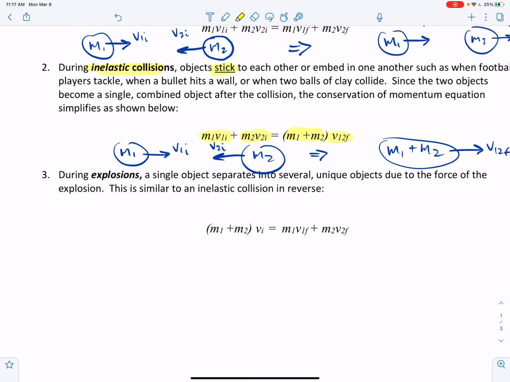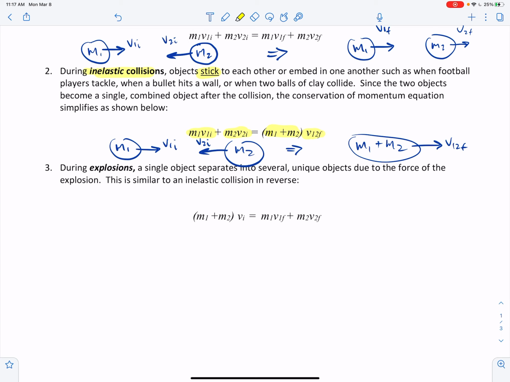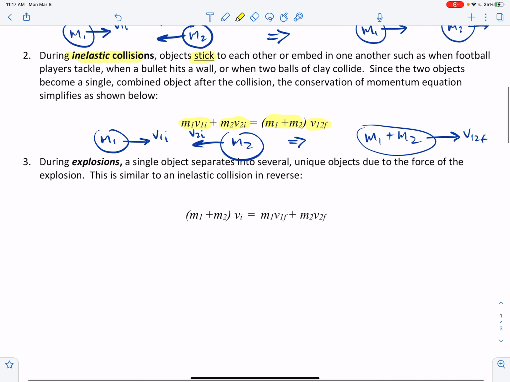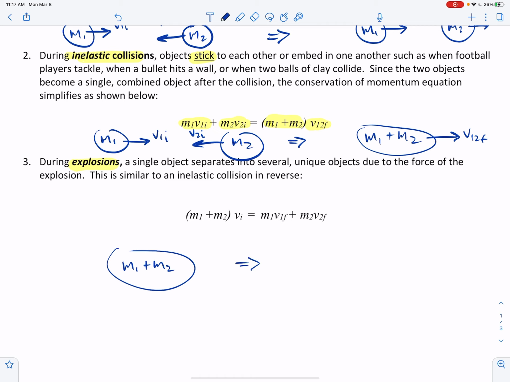And then we have this third option, which is really the exact opposite of an inelastic collision, called an explosion. During an explosion, a single object separates into several unique objects due to the force of the explosion. So here's how an explosion would work. We would have originally this single object, and after the explosion, it separates.